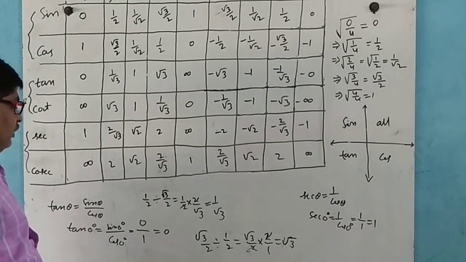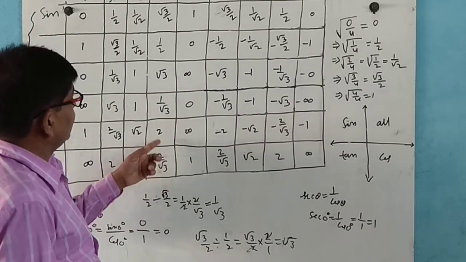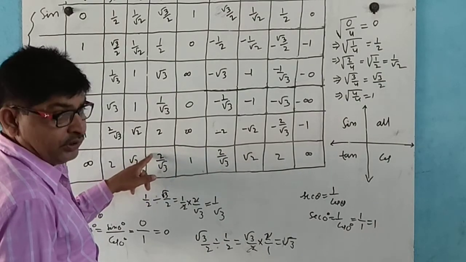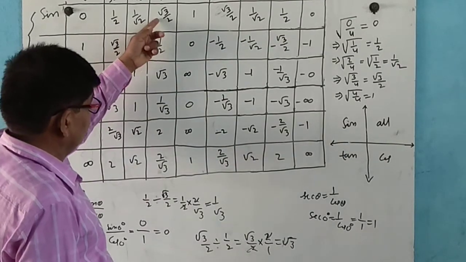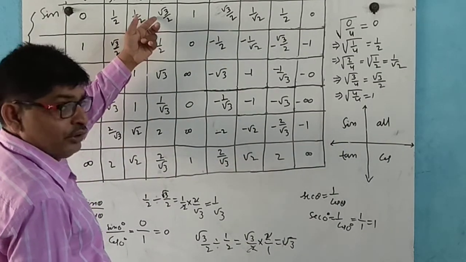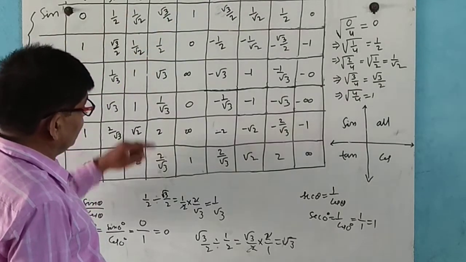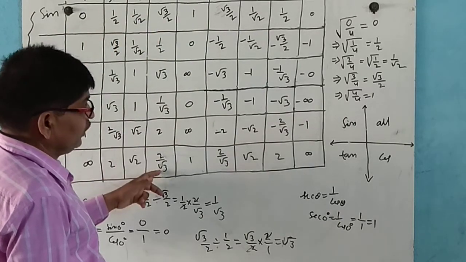If you want the value of cosec 60 degrees, as you know cosec is the reverse of sin 60 degrees. The value of sin 60 degrees is root 3 by 2, so reversed it is 2 by root 3.